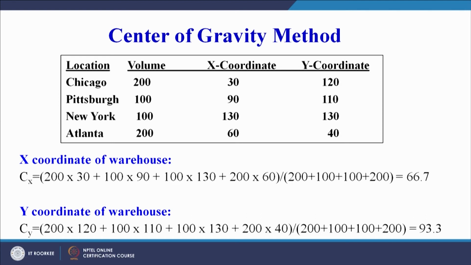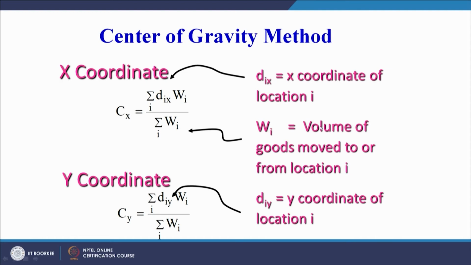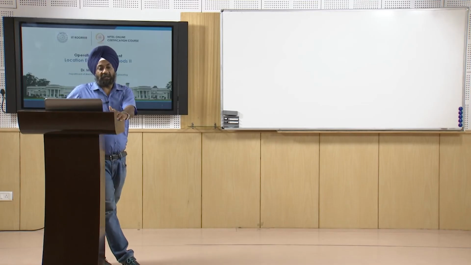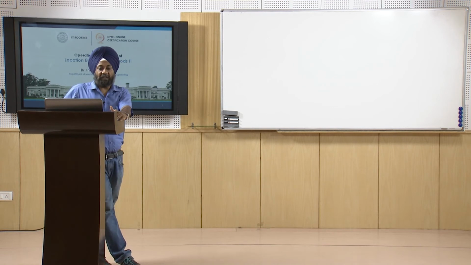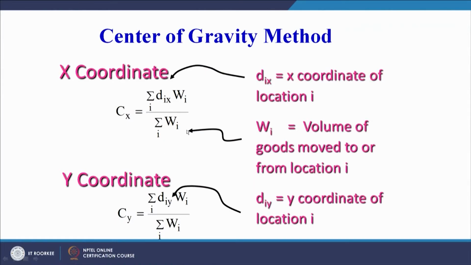Here again, I is the location, and the summation is over I. In our case we have 4 locations, so I goes from 1 to 4, and here also we will add the demand for all the 4 locations.